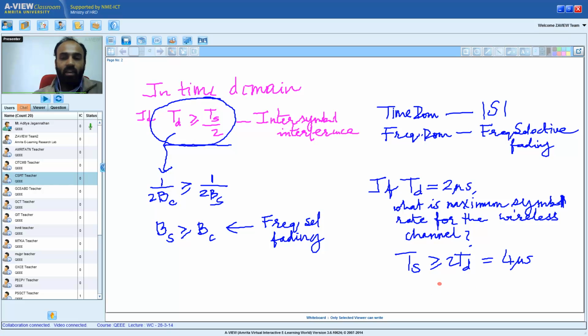Now if TS is equal to 4 microseconds, what is the signal bandwidth? Bandwidth of the signal, or the rate of the signal, is one and the same thing. What is BS?